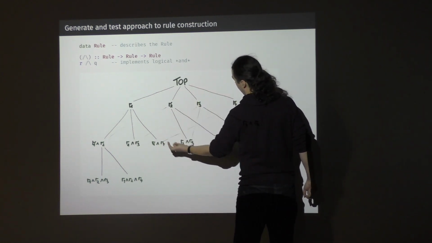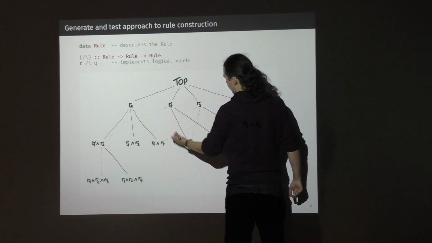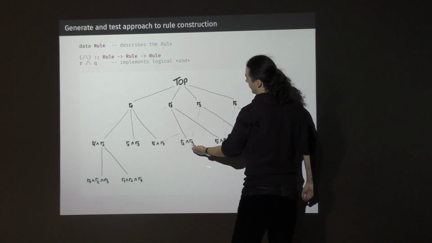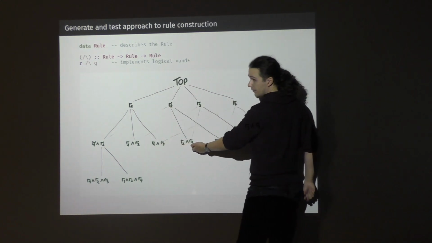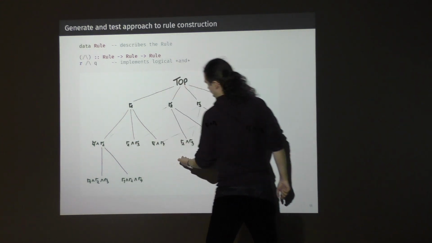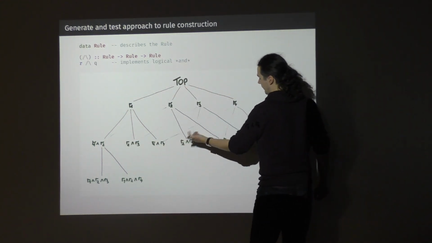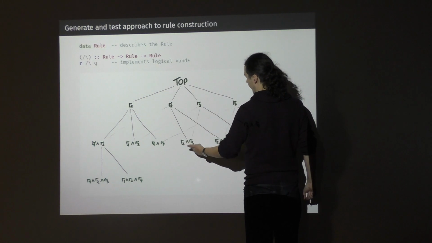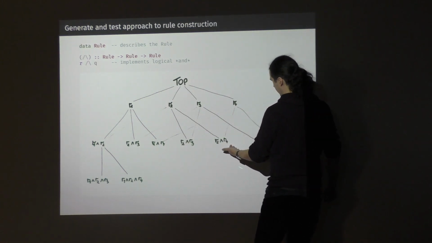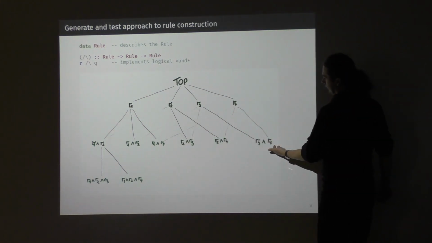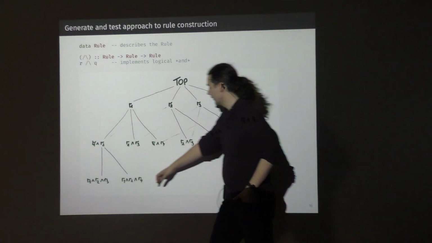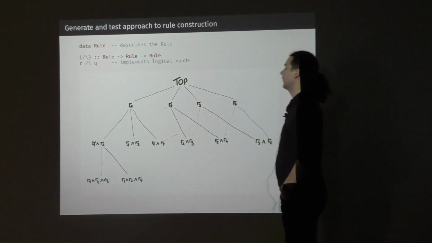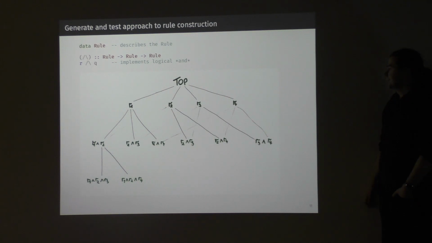Then rule 2 and rule 3, because we don't need to combine it with rule 1. We already did it here. The order doesn't matter. So 2 and 3, and 2 and 4, and here we have 3 and 4. And here we have a third generation, and so on and so on.